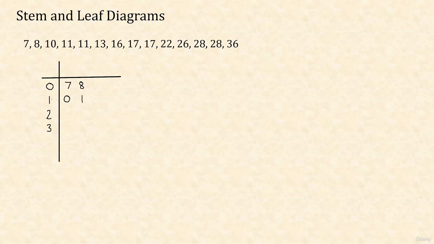There's another 11, so that's 1, 1. 13 is 1, 3. 16 is 1, 6. Then we've got 17, so 1, 7. 17 again. Now we're on to the numbers starting with a 2. So 22 is 2, 2. 26 is 2, 6. Then we've got 28, 28, and finally 36.